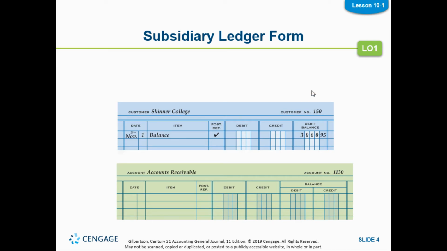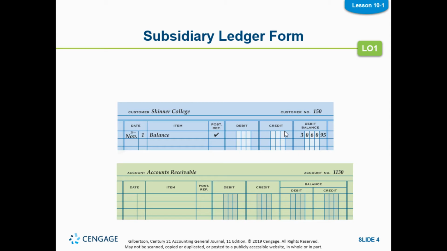All right. Except notice the difference is we have a debit and we have a credit, and we just show debit balance. So instead of the traditional general ledger like we have down below here for accounts receivable with a debit and a credit and the balance of debit and credit, we should only ever have a debit balance or zero in our accounts receivable ledger. Now it's possible, I've seen it before, to have a credit balance there.